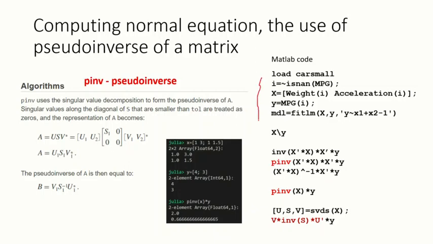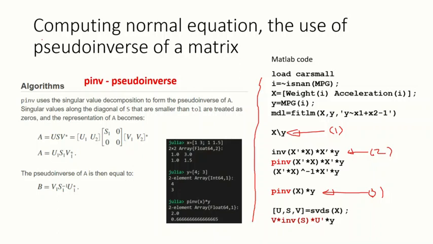So those are the MATLAB examples. We will try this first way. Then you have this formula. You can use pseudo inversion. These are different ways to compute the beta values.